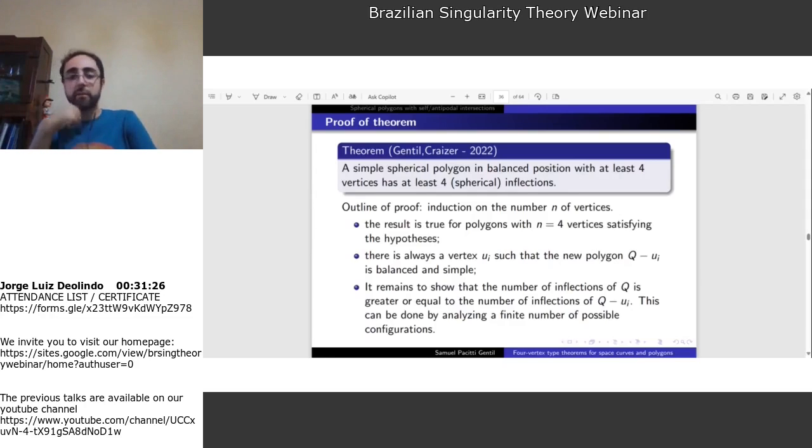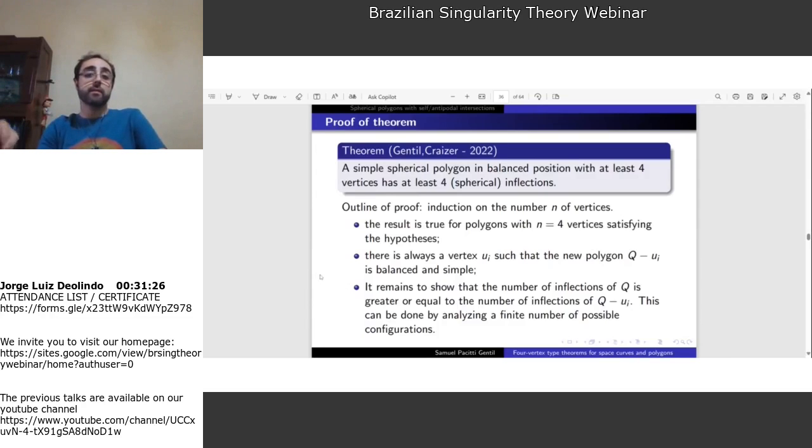That was our example that we have seen some slides before. In the previous slide, we saw that there is always a vertex such that its deletion does not cause the new polygon to lose the balanced condition and the property of not having self-intersections. So if you take it out, the new polygon is balanced and simple.